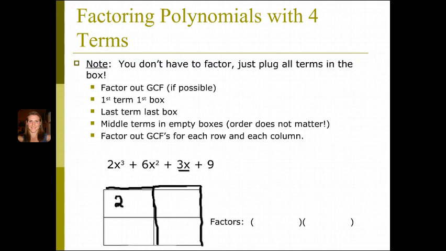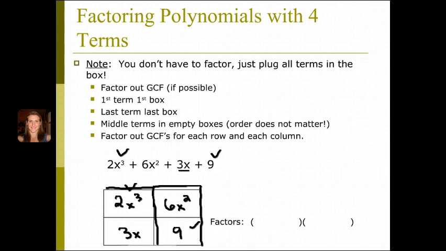So we have 2x cubed, 6x squared, 3x, and 9. So we just plug them into every empty box, as long as your first term is in the first box and your last term is in the last box. That's what we need to do, and then the others just fall in the corner.